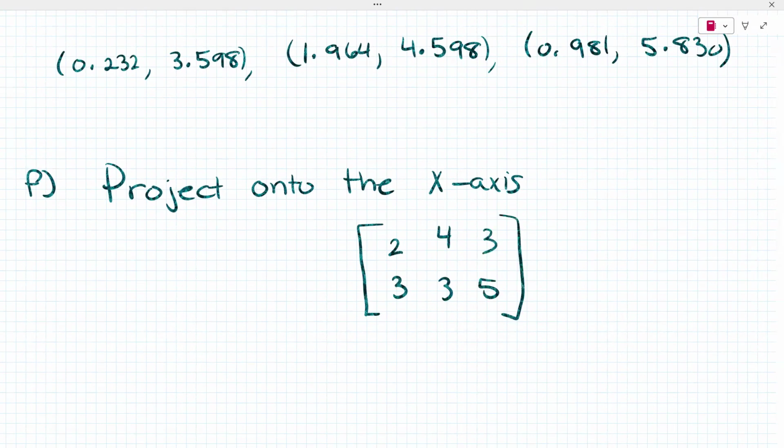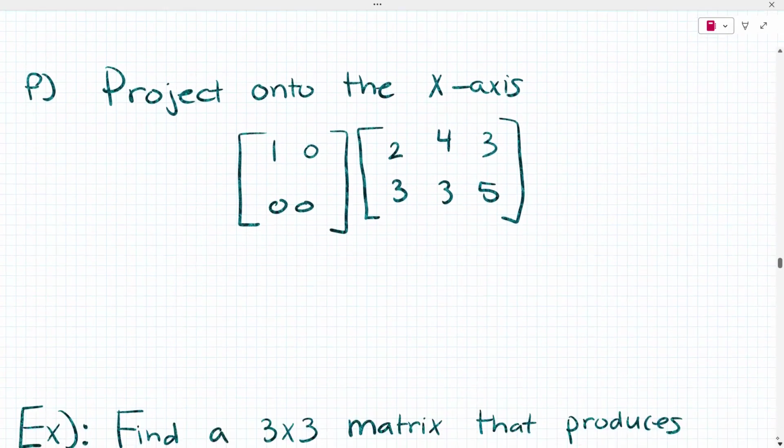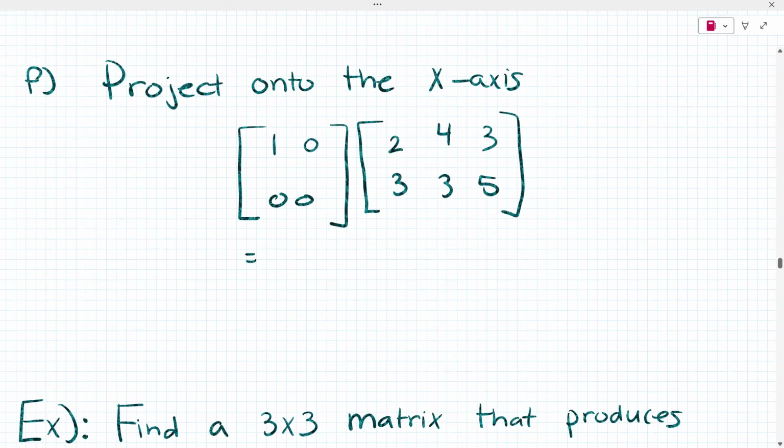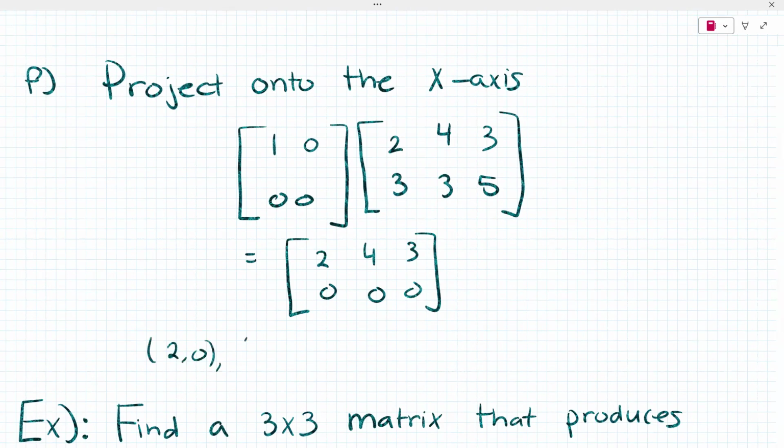And then the rule for projection onto the x-axis is this: 1, 0, 0, 0. And when you multiply those two matrices, you get 2, 0, 4, 0, 3, 0. And if you want to write it as a coordinate, it would be expressed as 2, 0, 4, 0, 3, 0.